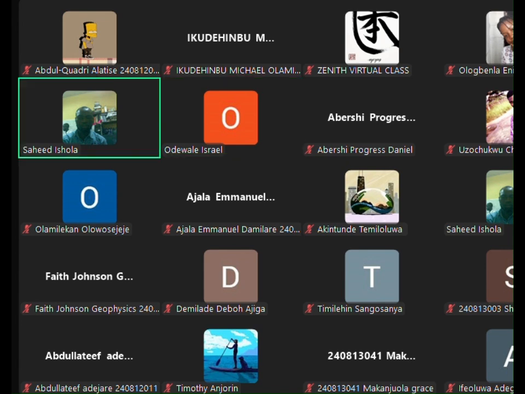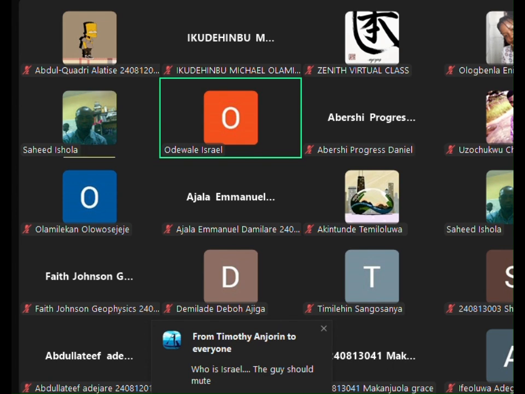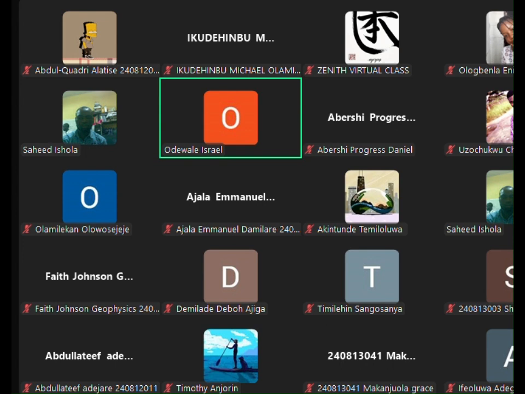Having said that, as regards survey, what do we want to detect in the subsurface? What do we want to map in the subsurface? What do we want to reveal in the subsurface is another thing that a geoscientist must bother himself with.